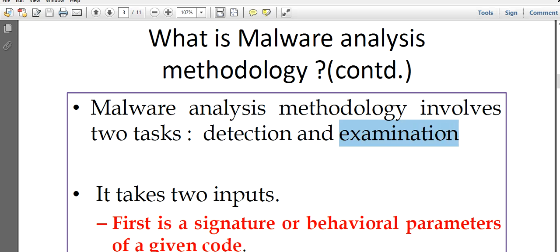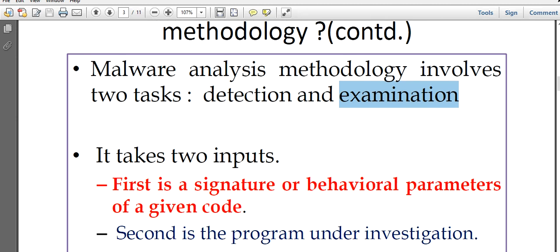First of all, you have to detect that your system has been impacted by some malware. Then examination is needed to find out its type and possible measures against it.